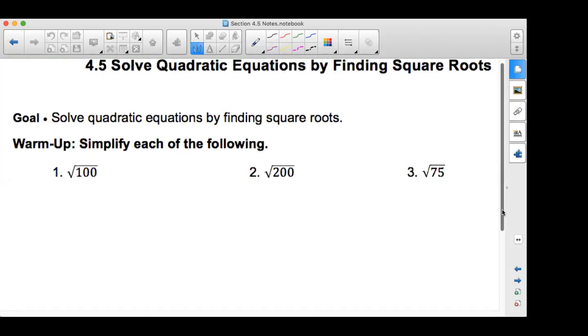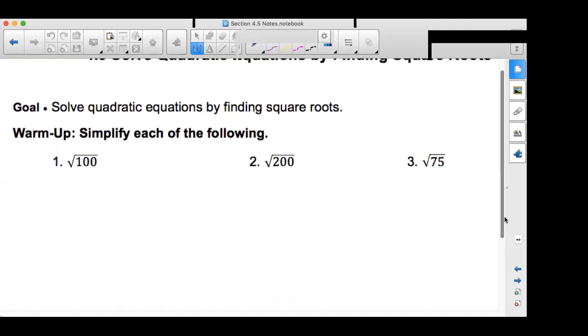So we're going to look at simplifying these square roots. What's the square root of 100? Gina? Yep. Is 200 a perfect square? Right, it's not.